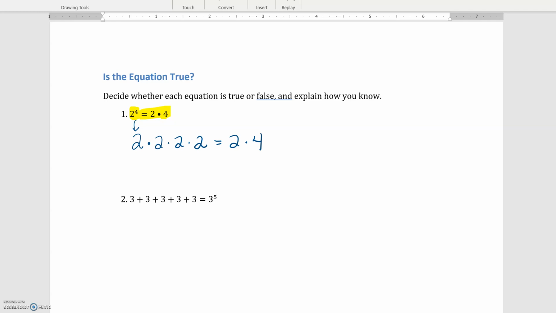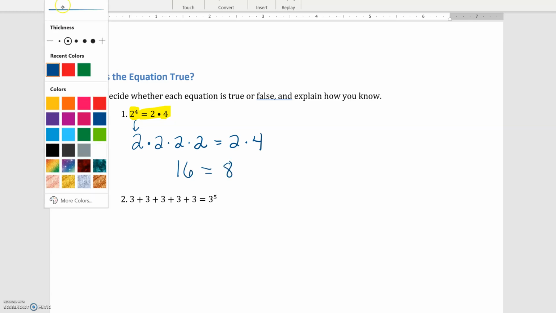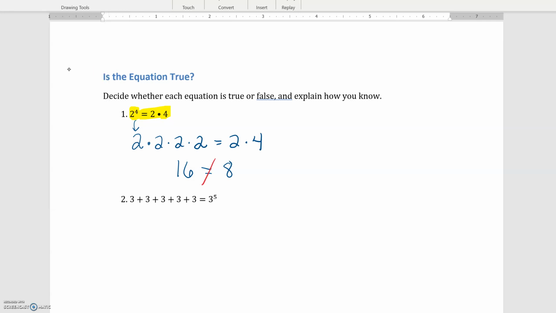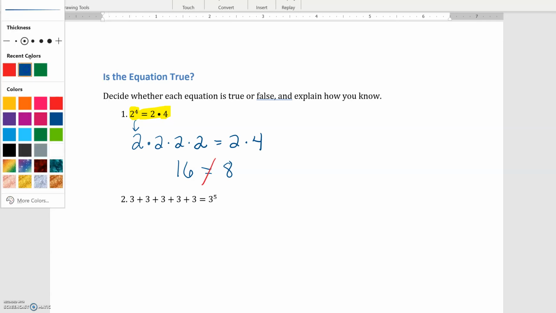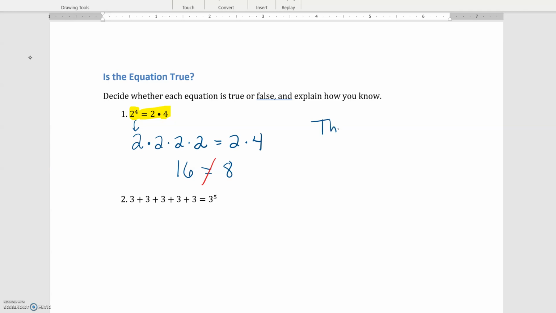If I do some mental math, the left side equals 16 and the right side equals 8. So therefore, I can conclude that this is a false statement, and I can name that this is false because they are not equivalent. They have different values.